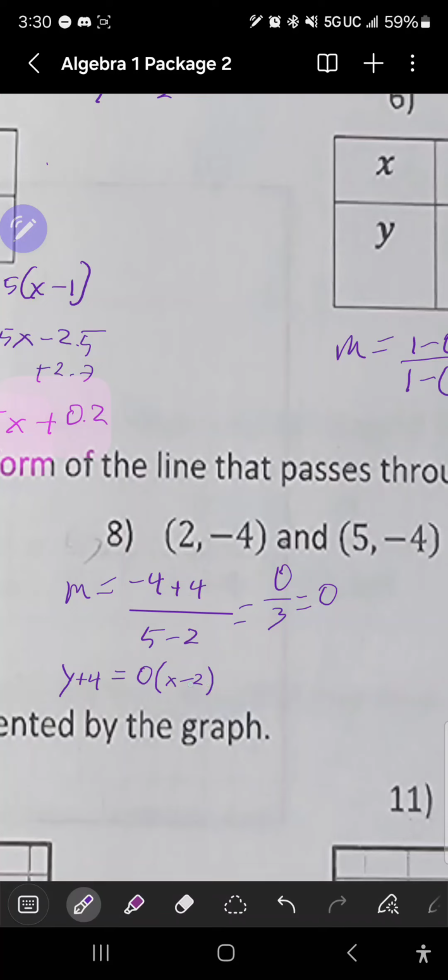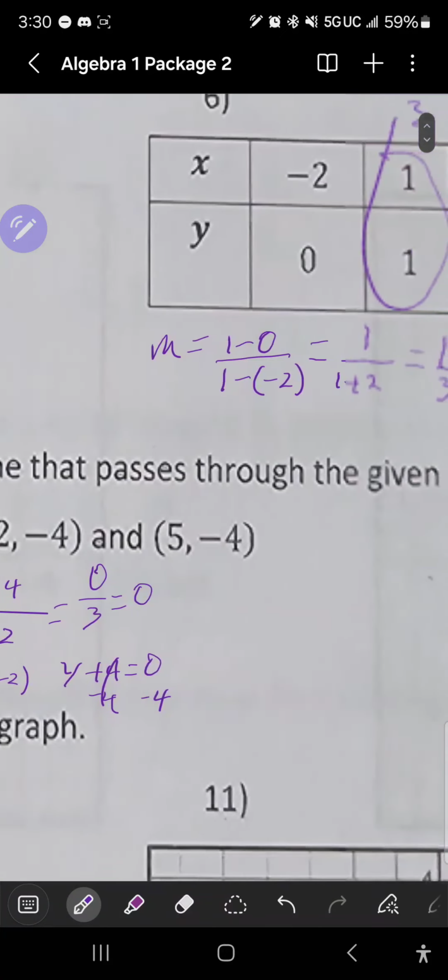Now, since any number multiplied by 0 is just 0, we can say that y plus 4 equals 0. So we subtract 4 on both sides. This cancels and we get y equals negative 4. And this is our equation.